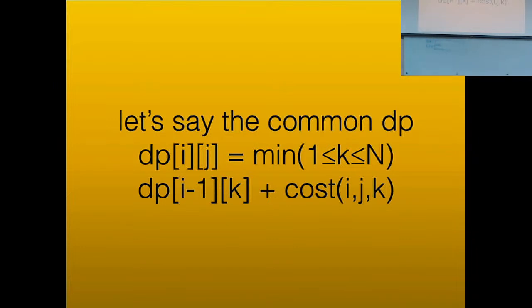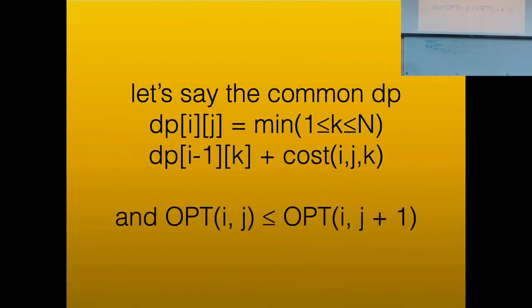Okay. So let's say dp[i][j] is finding the k where dp[i-1][k] plus some function cost(k, j). And let's say this cost has a property where the optimum point is monotonic. So let's say we want to find the dp of this, and the minimum is here, so this plus some cost to go from here to here.